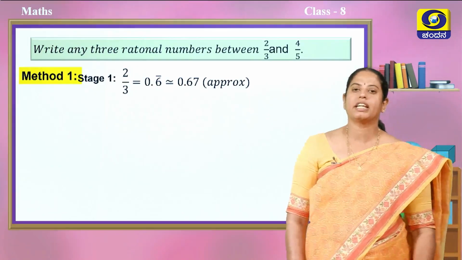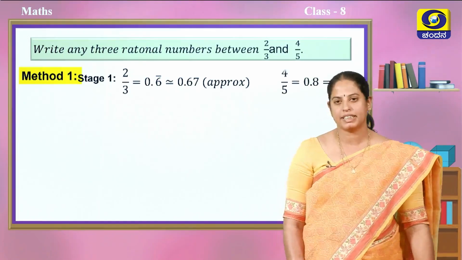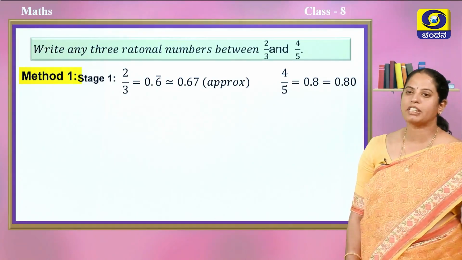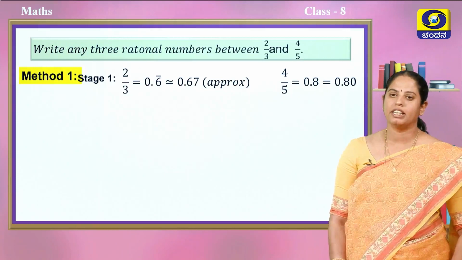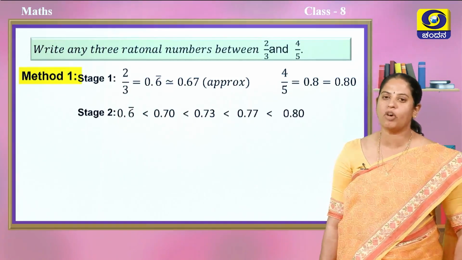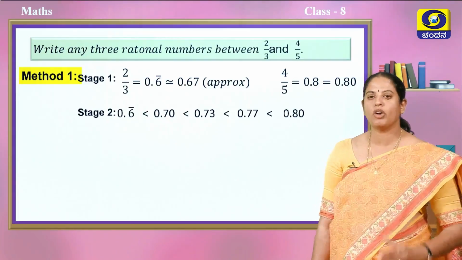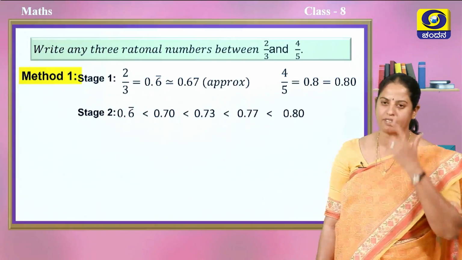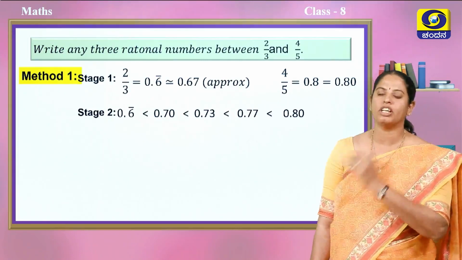It is a recurring decimal 0.6, approximately 0.67. In the same way, I am expressing 4 by 5 in decimal form, it is 0.8. Now, I am going to list the decimals between 0.6 and 0.8, that is 0.7, 0.73, 0.77. These are all the decimals that lie between 0.6 and 0.80.